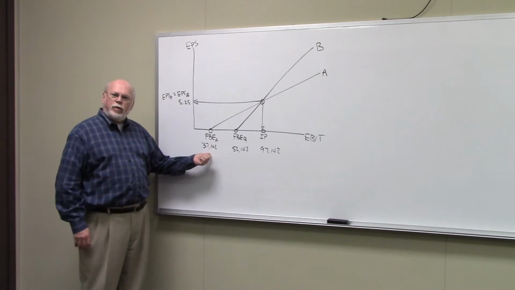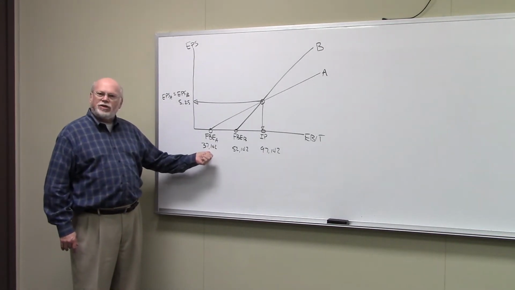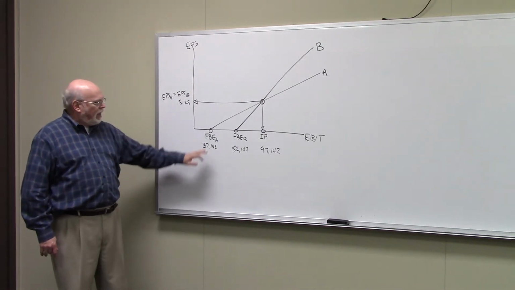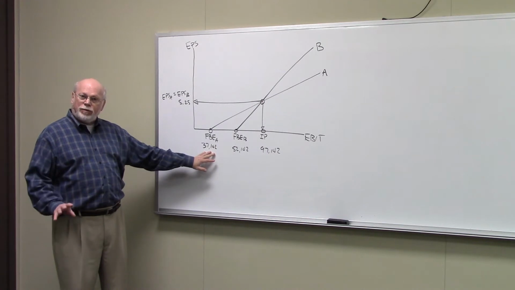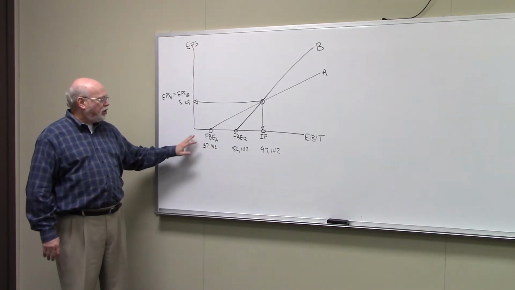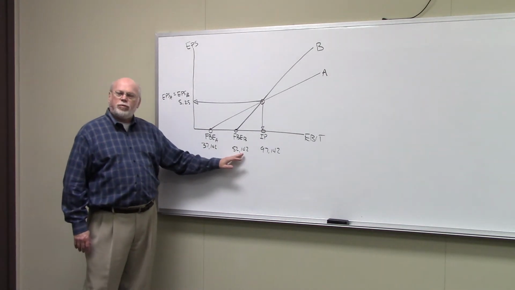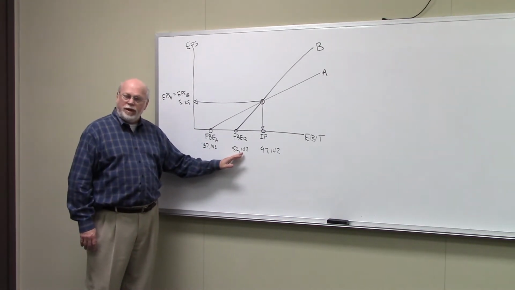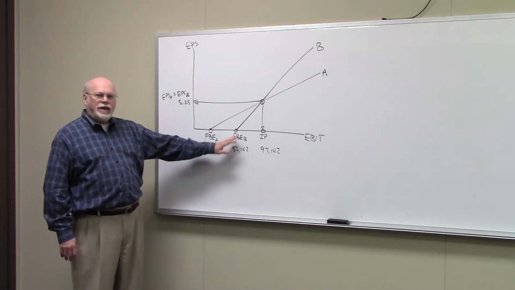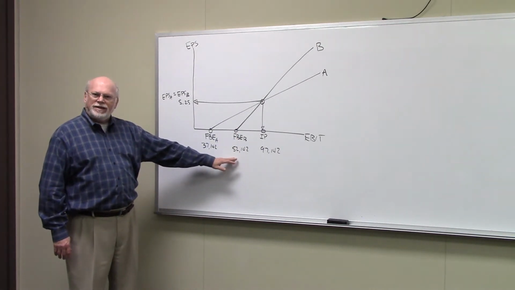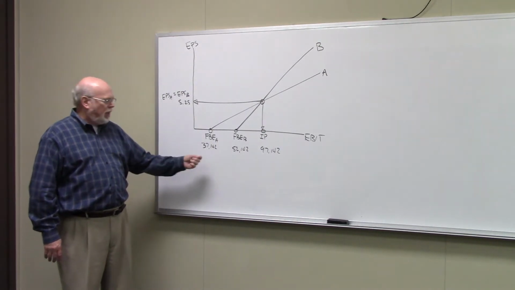In previous videos, we calculated the financial break-even point under A at $37,142. That's how much operating profit you'd have to earn under capital structure A to make earnings per share equal to 0. We calculated the financial break-even point under capital structure B to be $52,142, which again is the level of EBIT you'd have to earn to make the earnings per share 0.